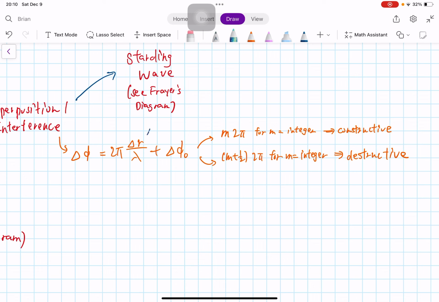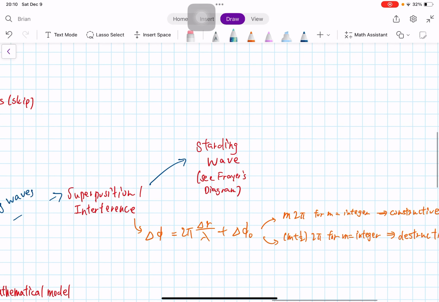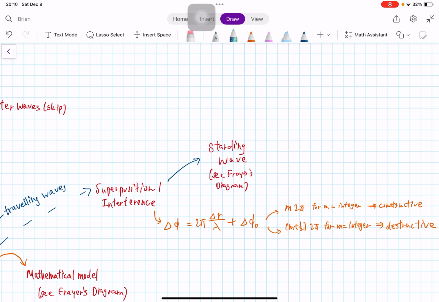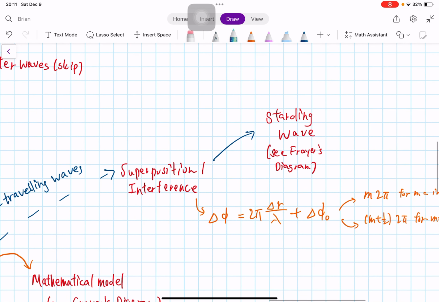The first is the path difference, and the second is the phase constant difference. If m is an integer and it satisfies m times 2 pi, then it would be constructive, and it would be destructive if it satisfies (m plus 1/2) times 2 pi. Then we could look at the standing wave when dealing with superposition, and I include a Fourier diagram for it.